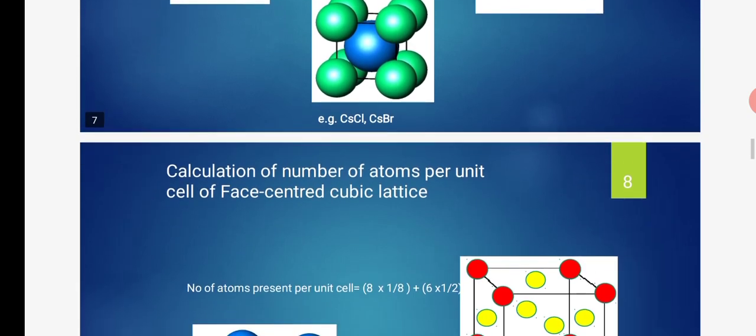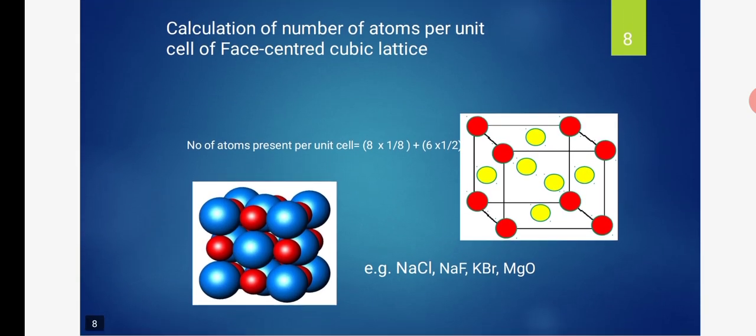Okay. Now third one, calculation of number of atoms per unit cell of face centered cubic lattice. See here, 8 into 1 by 8 will remain the same. 6 faces are there, and at each face the contribution of atom or molecule is half inside.